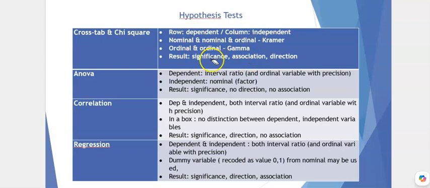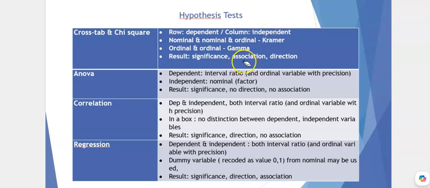If the p-value is less than 0.05, then you can say that the social media platform and gender are significantly related.